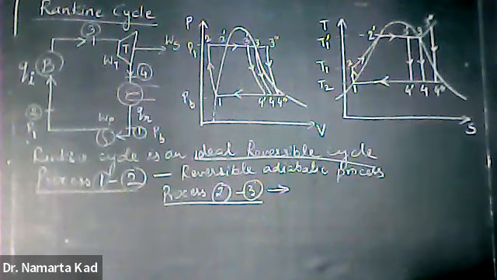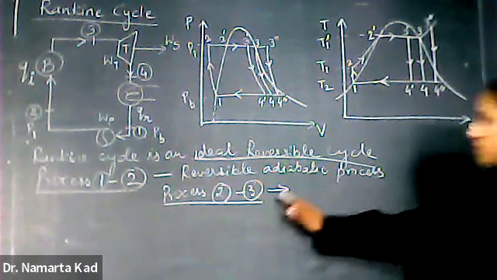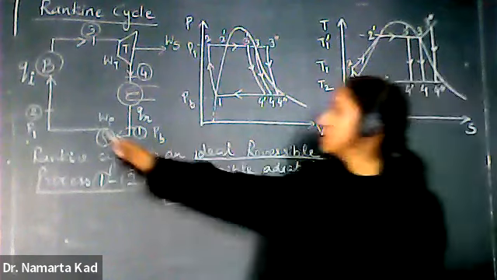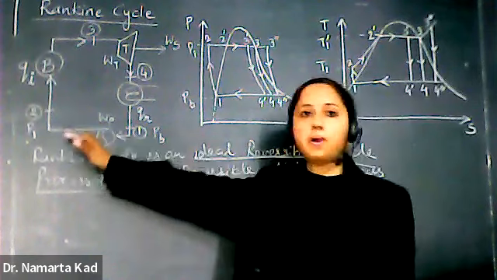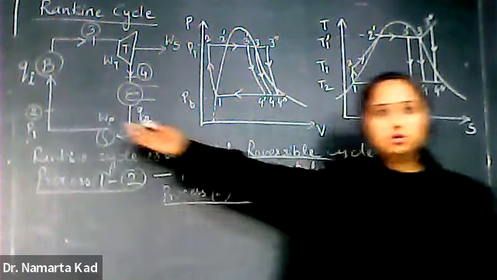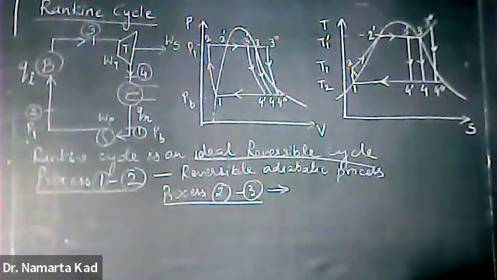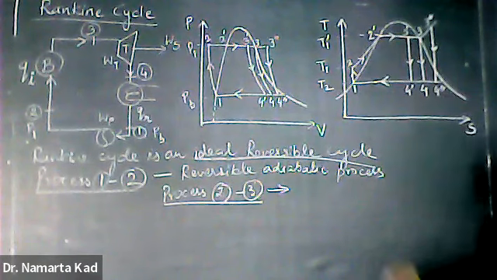Okay, so for the process 2-3, the conversion of feed water into steam. In this process, the feed water that is taken from the pump is converted into the steam at constant pressure equal to P1.